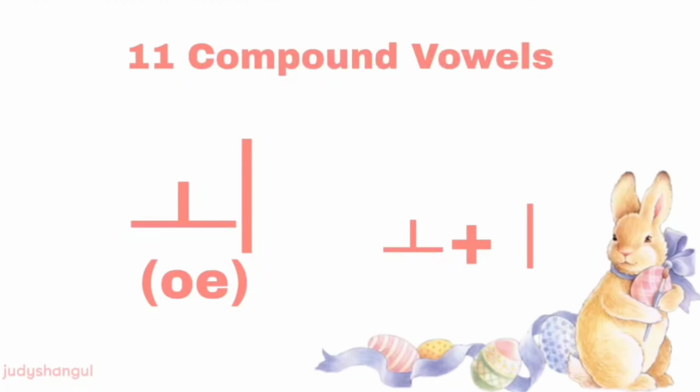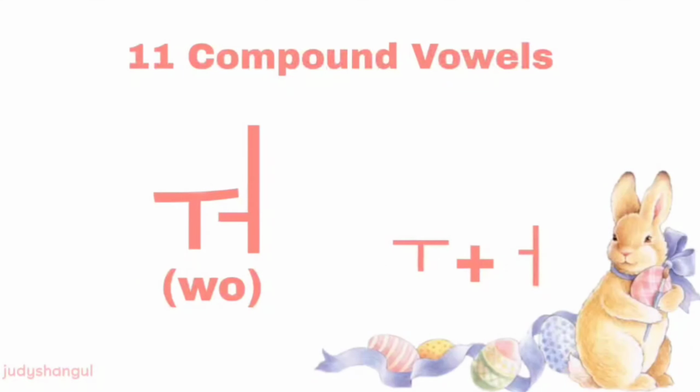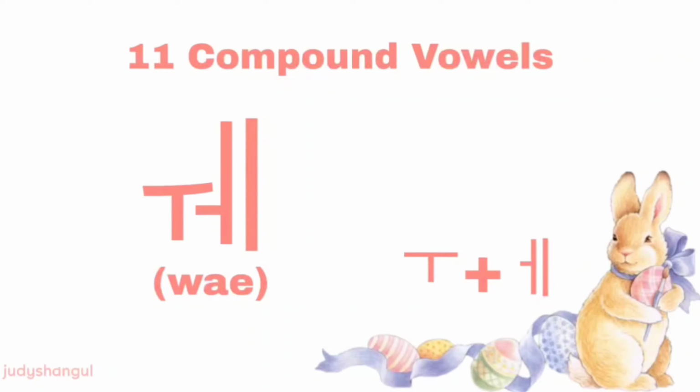Although it's a combination of O sound and E sound, it is pronounced we. Wo. We.